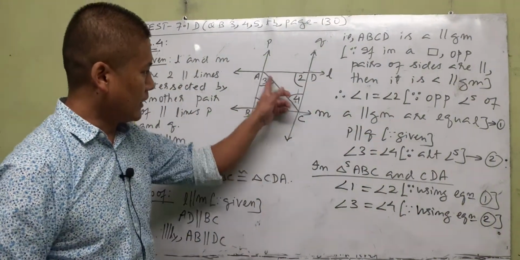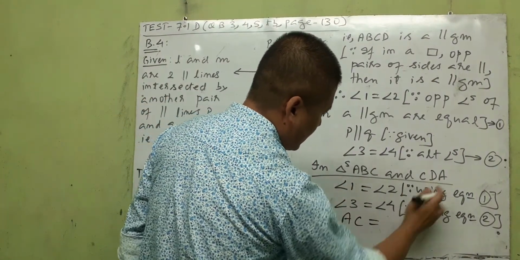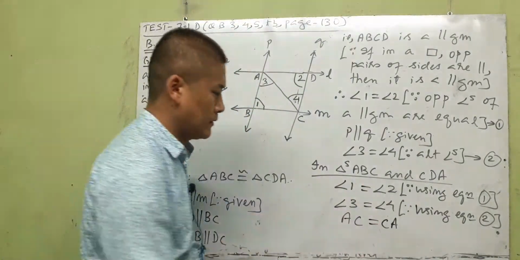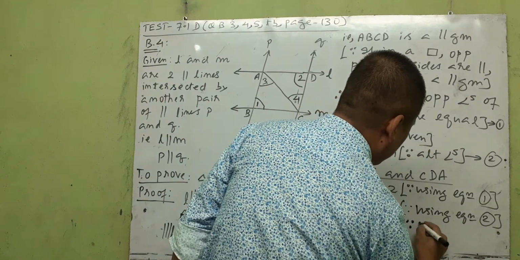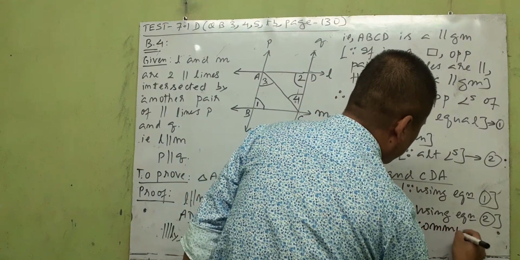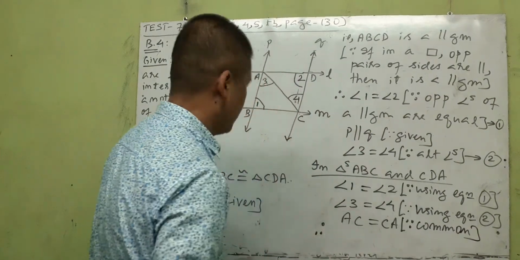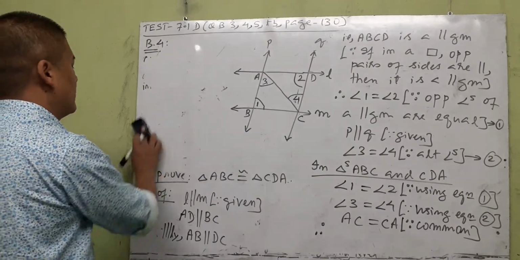Now you see here, this side AC, first and third letter, equal to first and third letter CA, or not? AC and CA are the same, right? Because this is the common side of both triangles. It belongs to both triangles, in other words. Therefore, we can write your final answer.